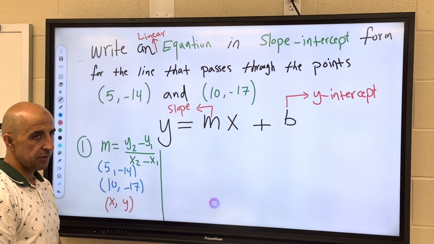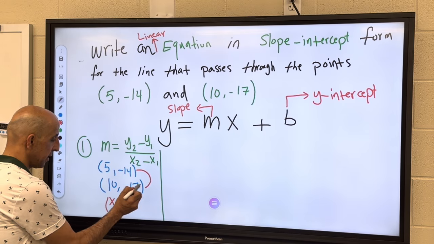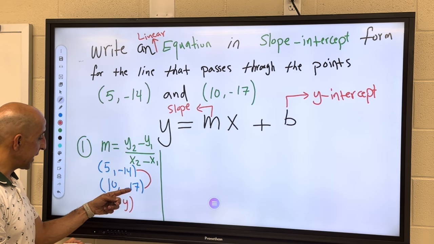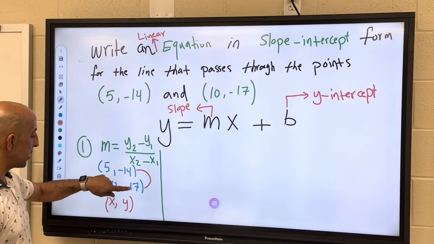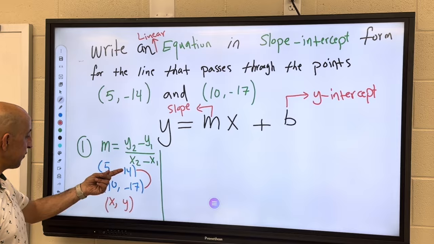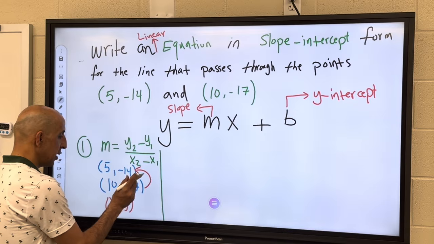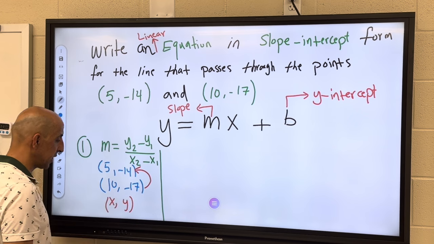We can choose the direction: from negative 14 toward negative 17, or from negative 17 toward negative 14. Let us assume I choose from negative 17 to negative 14.